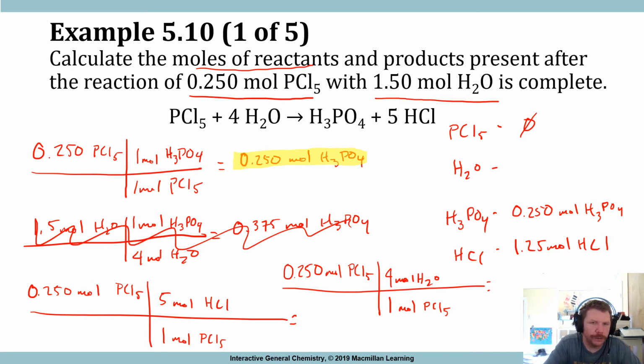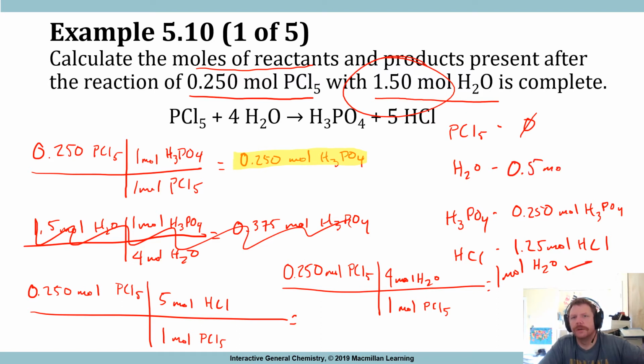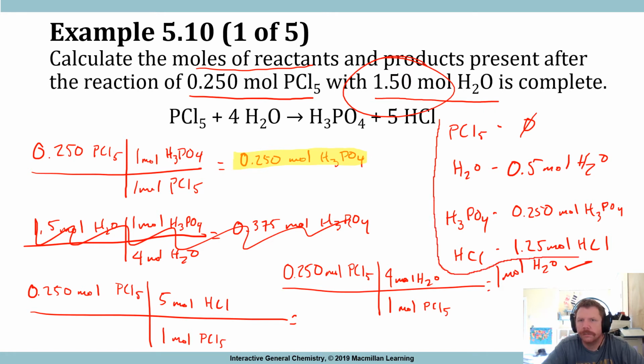So I'll do 0.250 times 4 divided by 1, and that is 1 mole of H2O. So we started out with 1.5 moles of H2O. We used 1 mole of H2O, so we are left with 0.5 moles of H2O. Right. So this is everything that we need. All right here. And this was our first step.